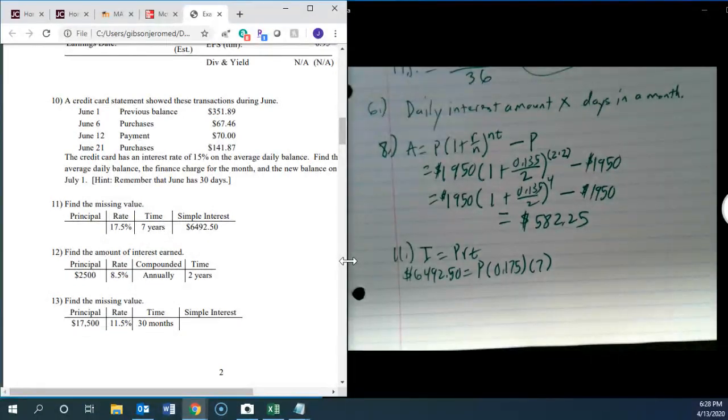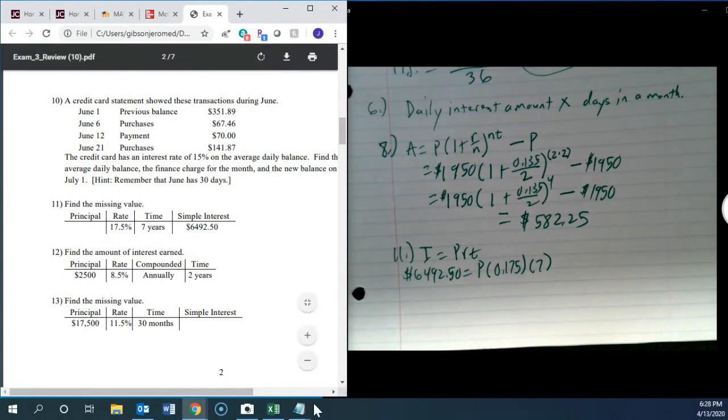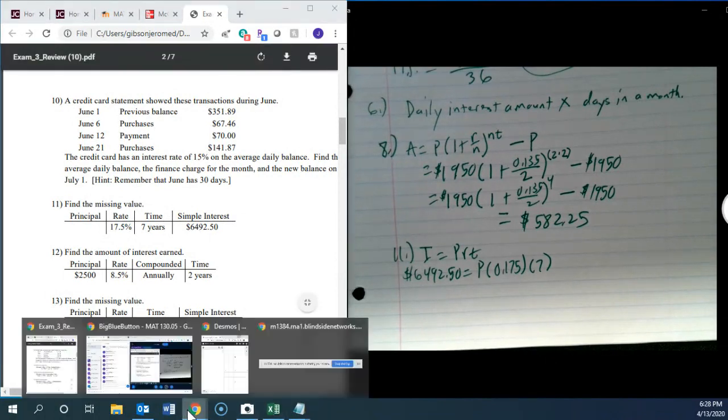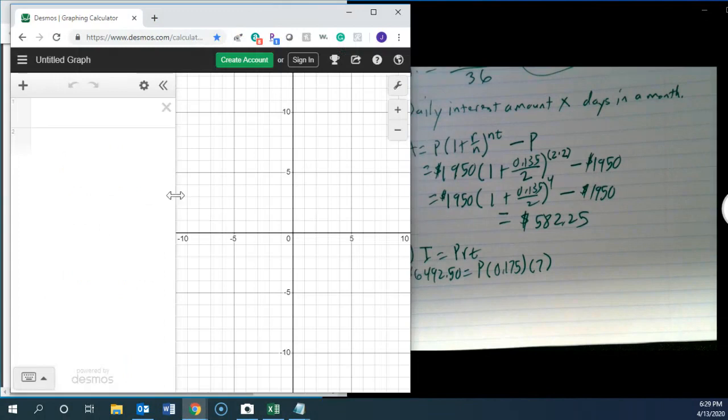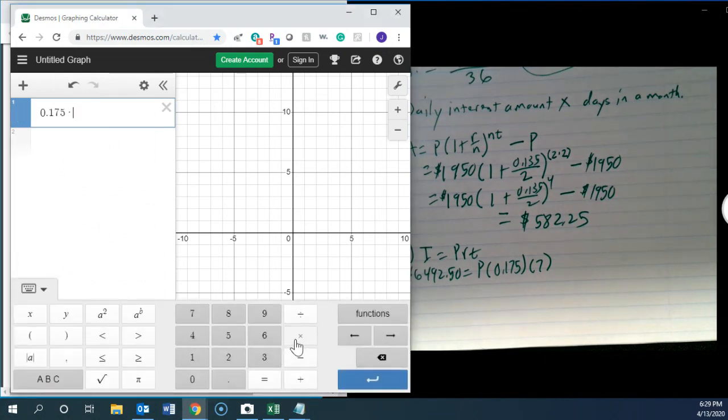Now, when we multiply those two values, let me pull up this calculator. So we will have 0.175, and then we will multiply by 7.